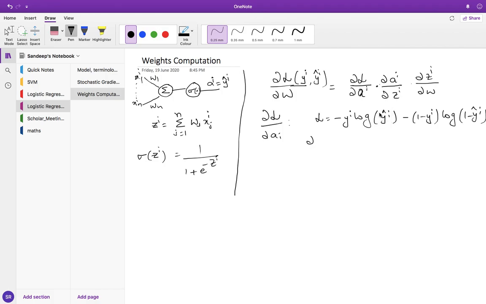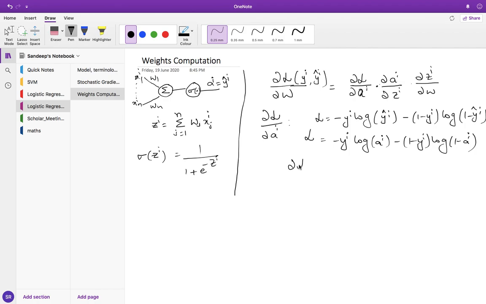As I've said earlier, yi cap and ai are the same, so let me replace that here. Let me first write L in terms of ai. So L would be minus yi log of ai minus 1 minus yi log of 1 minus ai. So this is the loss function.